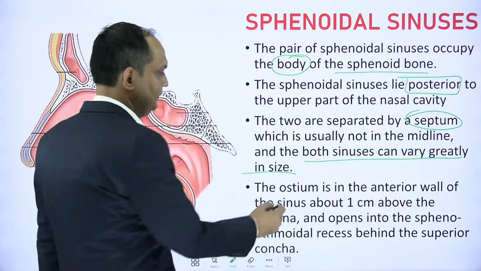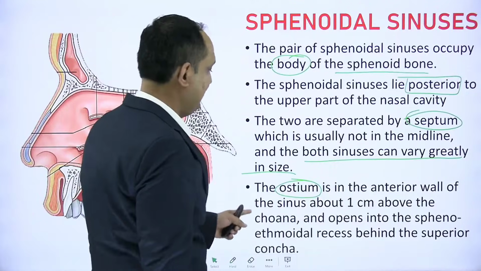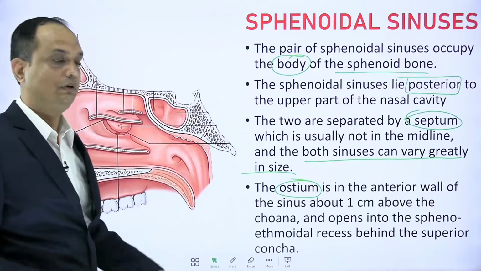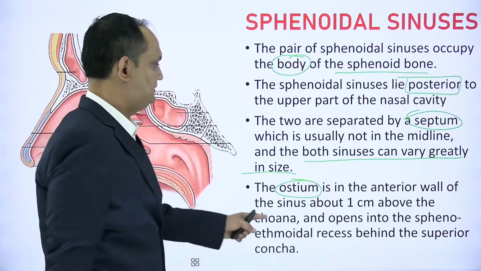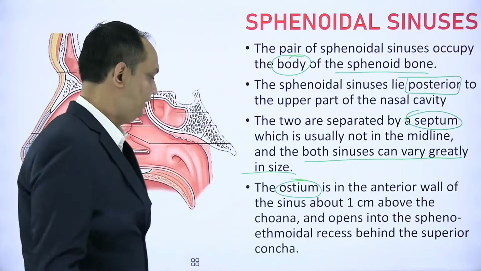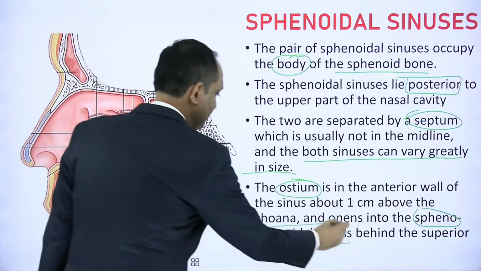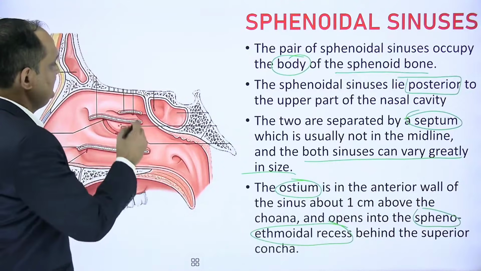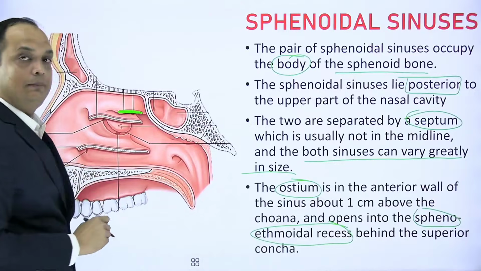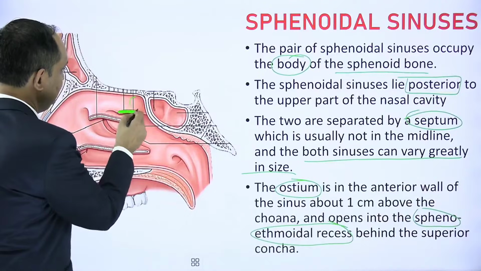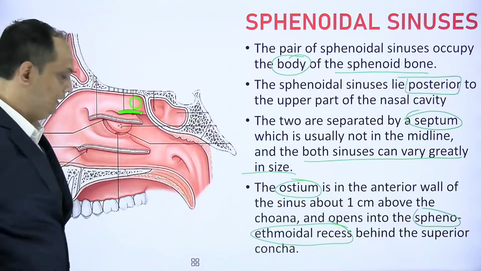The ostium, the opening of your sphenoidal sinus, is present in the anterior wall of the sinus, 1 centimeter above the choana, and it opens into the spheno-ethmoidal recess. So this is a question for your exam. Now in this diagram, you can see this is your superior concha. Above the superior concha there is a recess, known as the spheno-ethmoidal recess.